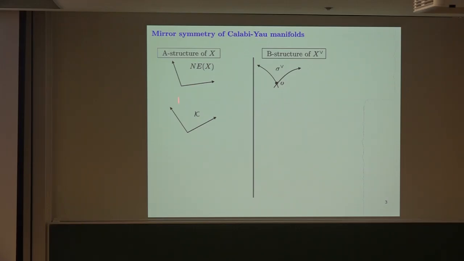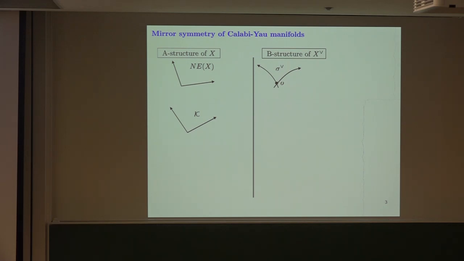This time in duality. On one side, as I said, the Kähler form and the net form as its dual form. And on the other side, for the B structure, I assume from here that we have a nice compactification and find the boundary divisors intersecting at the boundary point.